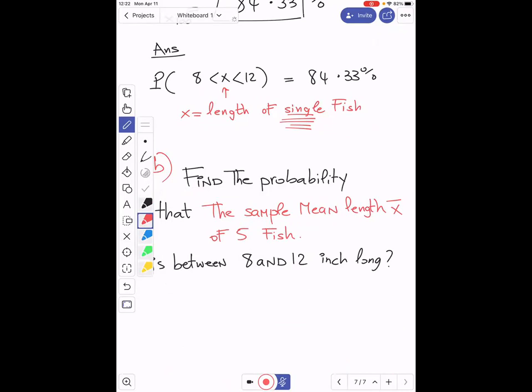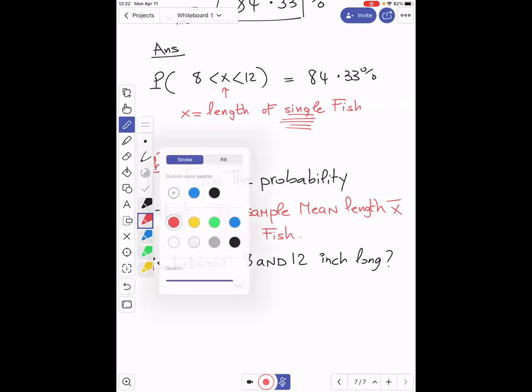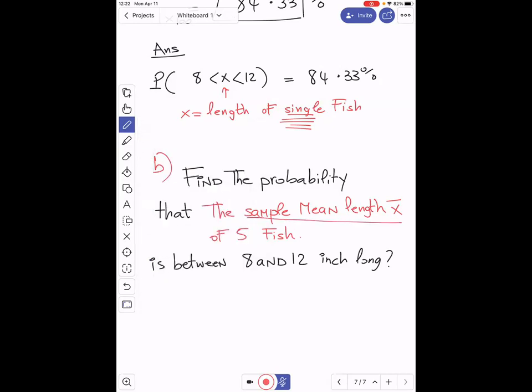This is a sample mean, X bar, because we have a sample of 5 fish. What's the probability that the sample mean length of the 5 fish is between 8 and 12 inches long?